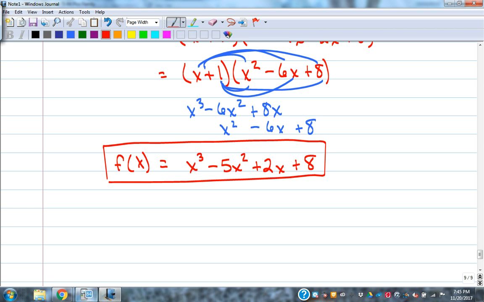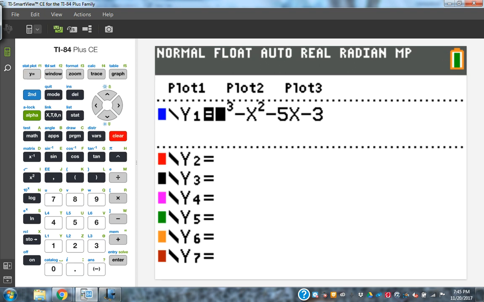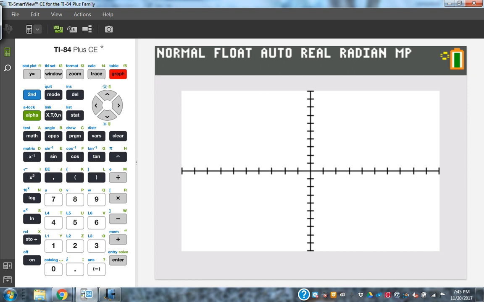So if I just take that polynomial that I built and graph it, x to the third minus 5x squared plus 2x plus 8, and make sure it crosses at those places.